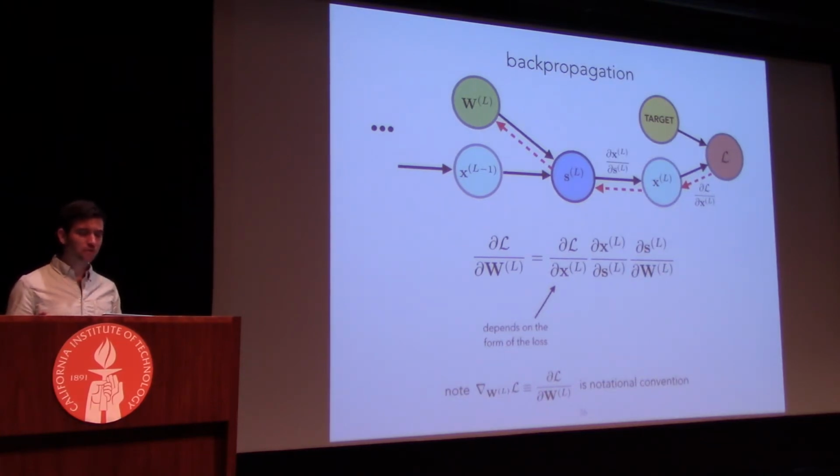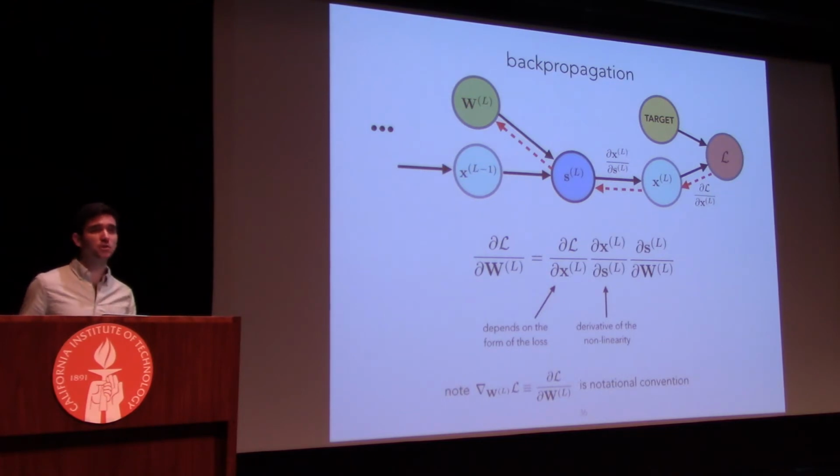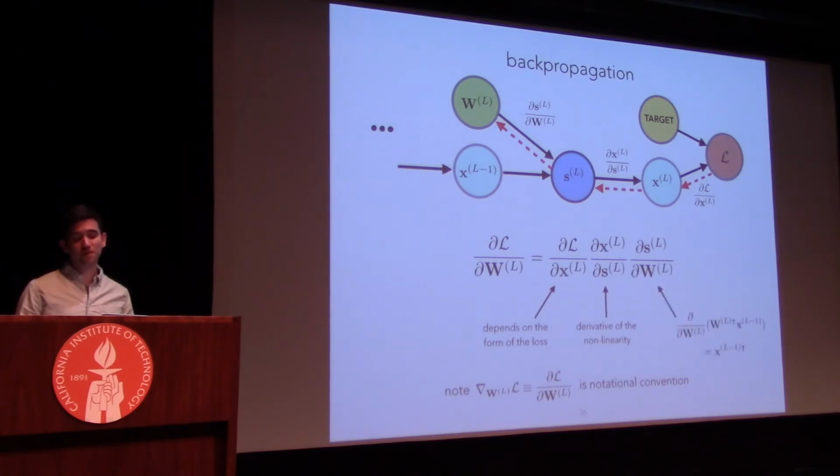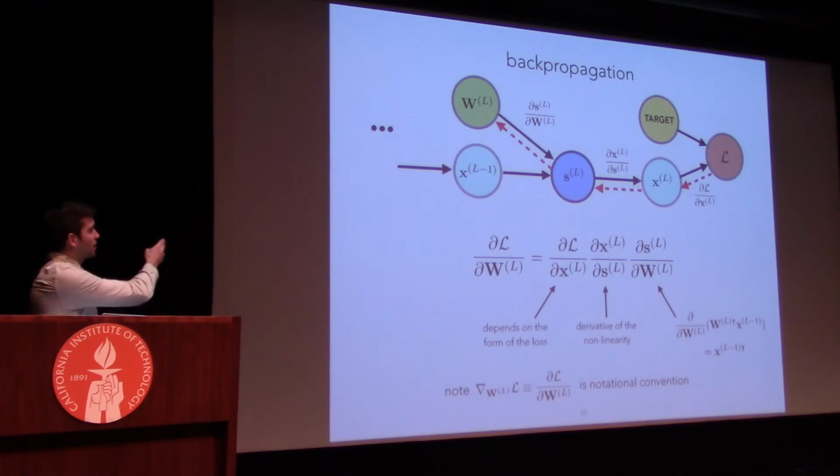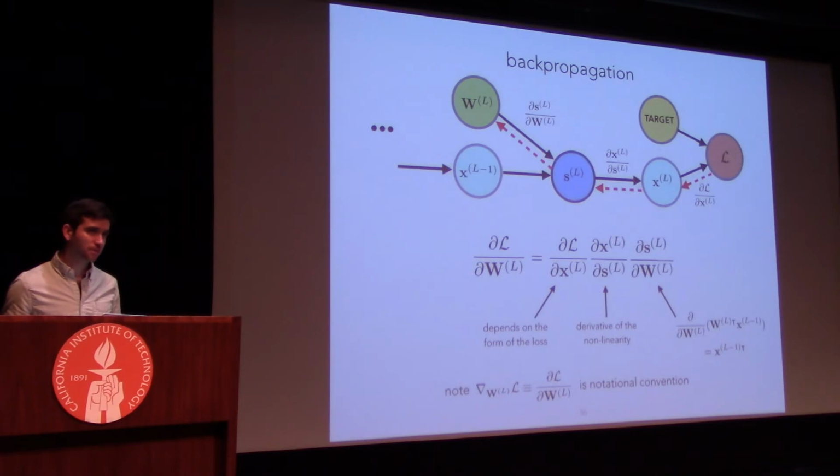Now, this derivative of x with respect to the sum depends on your nonlinearity. So that's the derivative of your nonlinearity with respect to its input. And finally, this derivative of the sum with respect to the weights is just the activation, the x at that level, so x L minus 1.